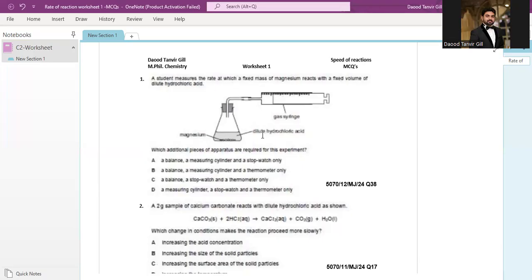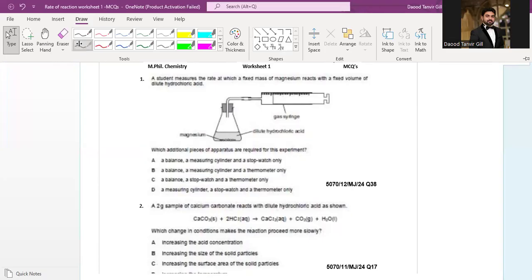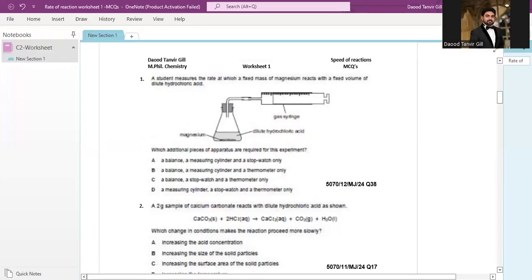We need a measuring cylinder so that we can pour HCl into the conical flask, as well as a balance in order to measure the mass of magnesium, as is evident from the question. So before doing a question, always read the question first. It says that we need to have a fixed mass of magnesium and a fixed volume of dilute hydrochloric acid.